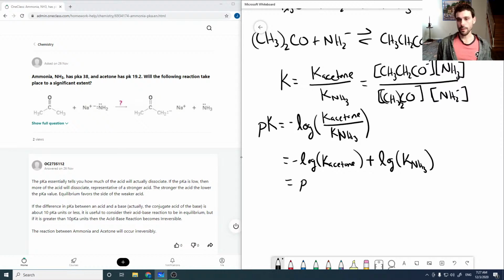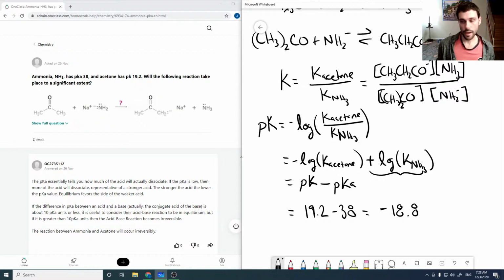This is just our pK, and this is just the negative of our pKa. And so then this equals, oh yeah, okay, that makes sense. This equals 19.2 minus 38, values given in the question, which comes out to be negative 18.8.